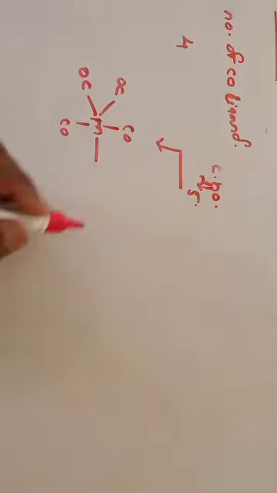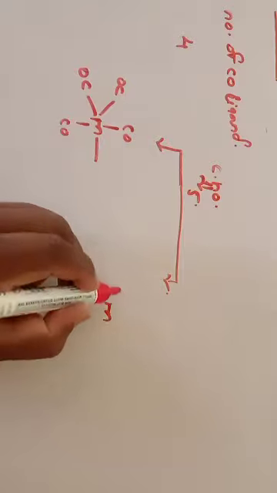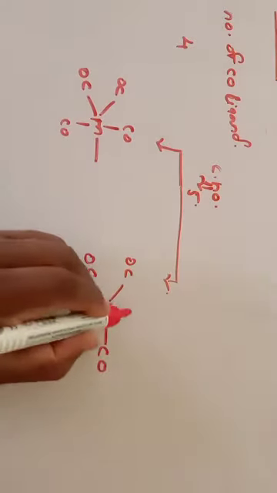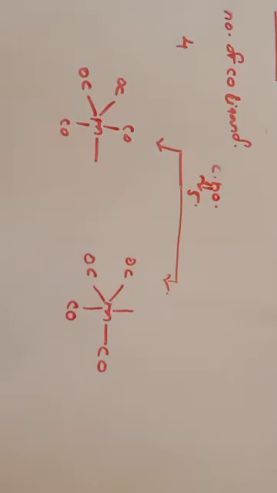And the other possibility is 3 carbonyls at the equatorial plane and 1 carbonyl at the axial position, and one site is vacant. So this is the case when the coordination number is 5.